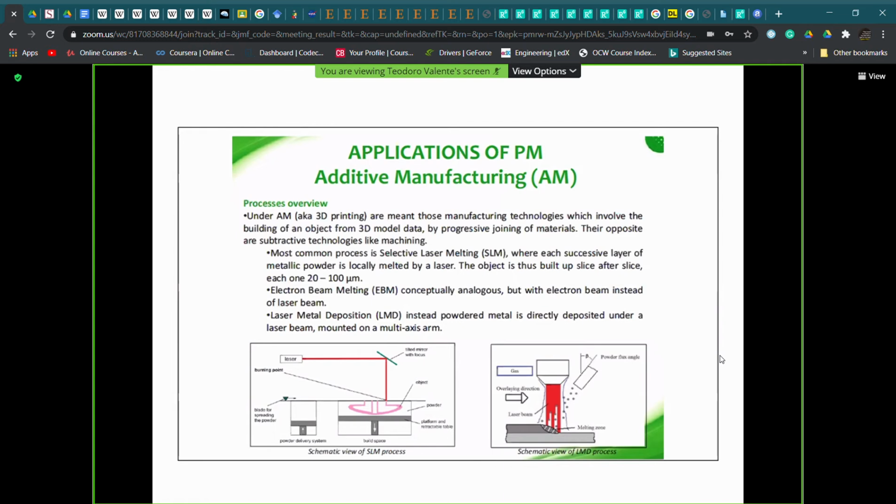There is also the third big area, which is laser metal deposition, LMD, in which powdered metal is directly deposited under a laser beam, which is mounted on a multi-axis arm in order to reproduce six degrees of freedom and fabricate also components with a complex structure.